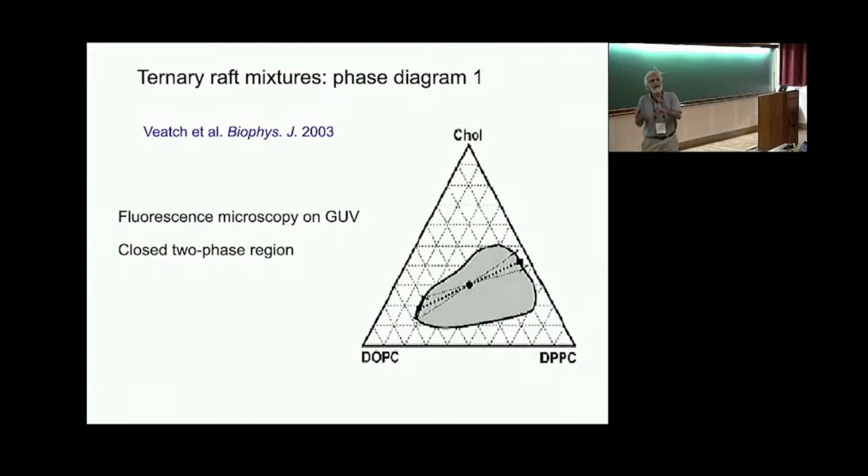Therefore, you can see a single membrane and the domain formation on these single membranes. What you can notice here is that this two-phase region, which is confined within this, does not extend to any of these boundaries. So you need all three components to actually have two-phase coexistence.